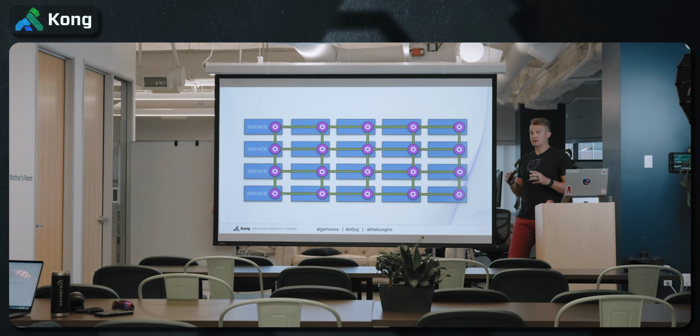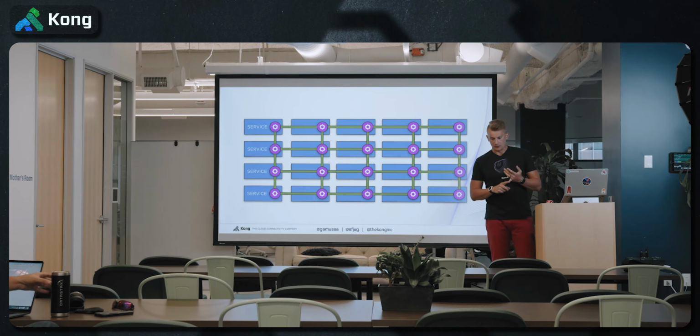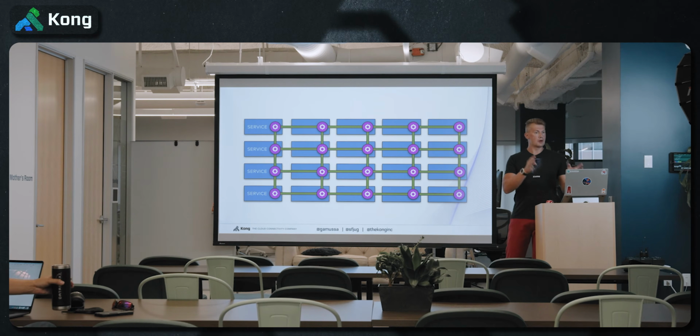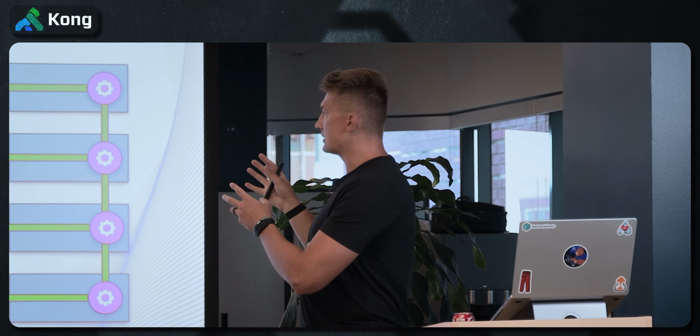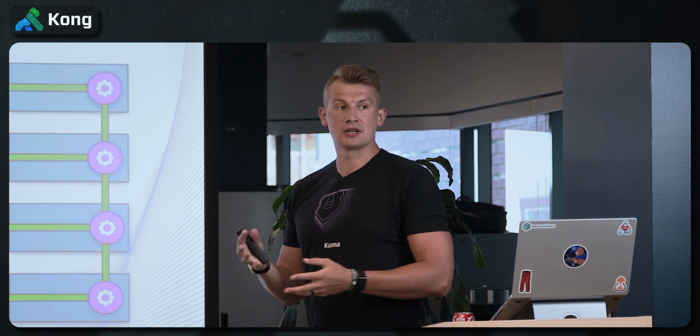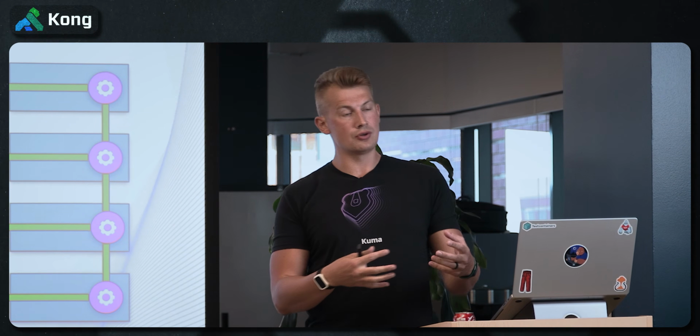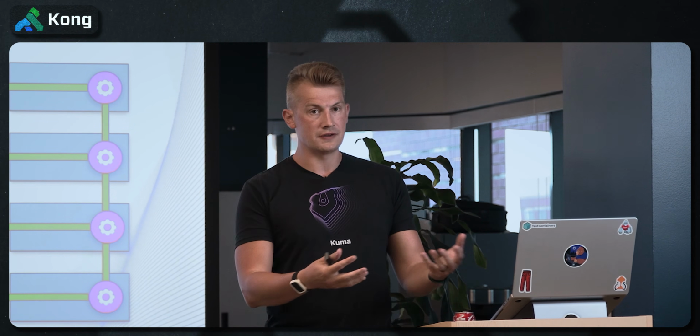Those proxies will have information about circuit breakers, like how long I need to retry this particular service and what to do if it's down. Or they have the capability to immediately establish an encrypted connection between the systems without you changing your application code every time you change certificates, for example.